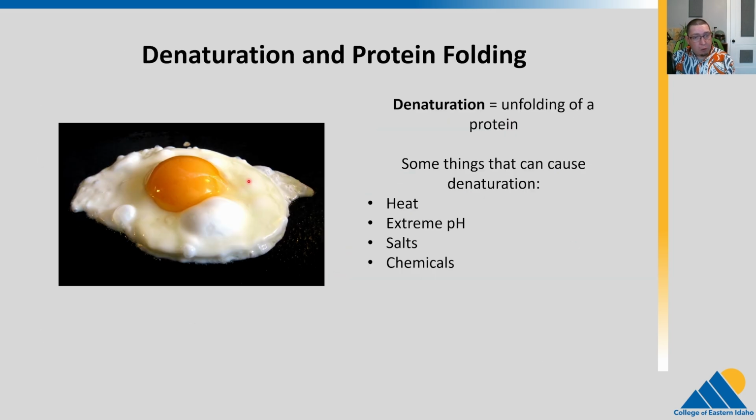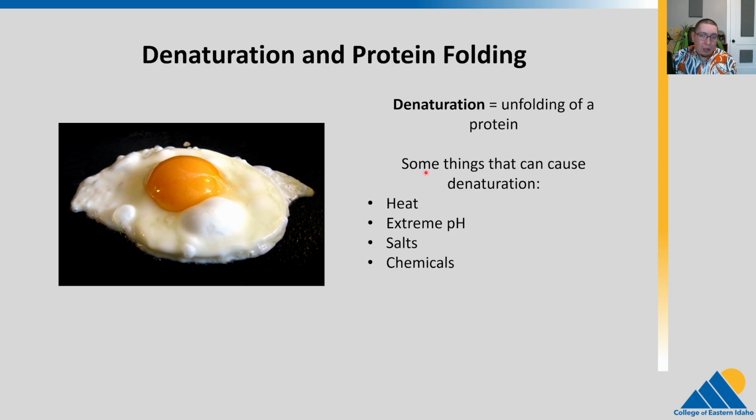I used this example previously: there are many different things that can cause denaturation of proteins. We used the example of the egg white, right? Egg white has protein in it, the albumin. When you apply heat to it, that denatures the proteins, causing them to solidify. They do not refold. You can't go back to having a liquid egg once you've cooked it.